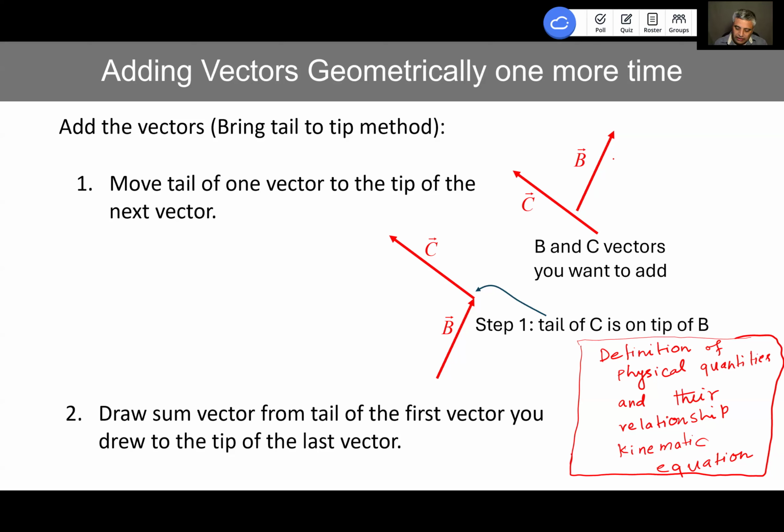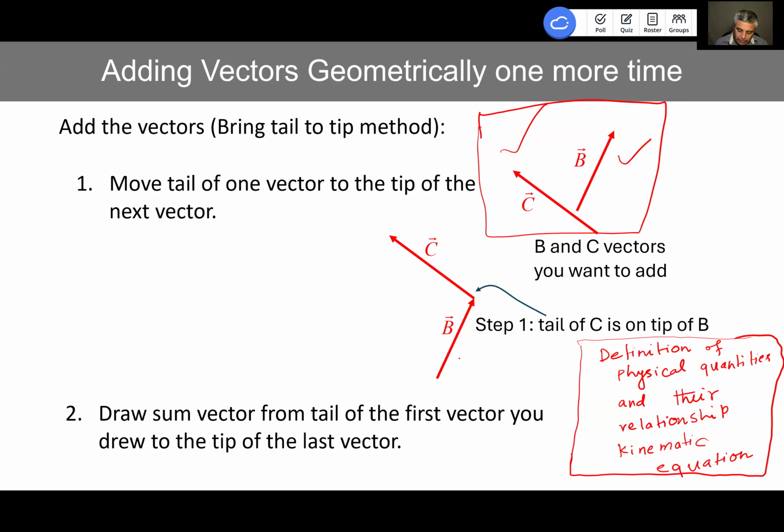So for example, if I'm adding two vectors, and those vectors could be pointing in any direction, this is just an example, right? B and C, these are just examples. So they could be pointing in any direction, doesn't matter. So you draw one vector first.